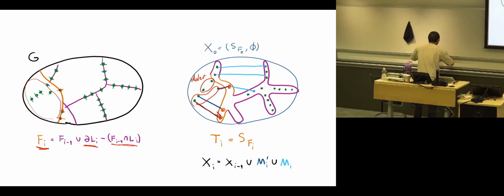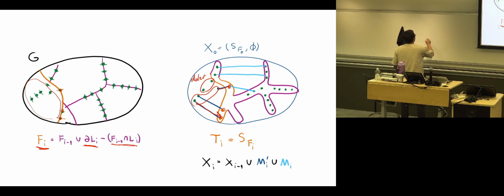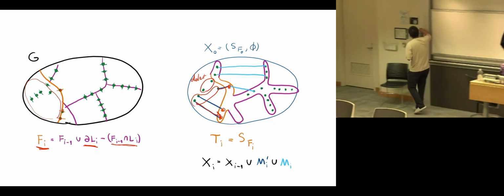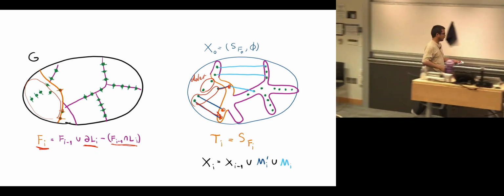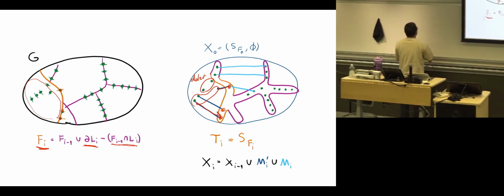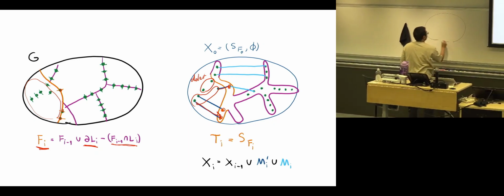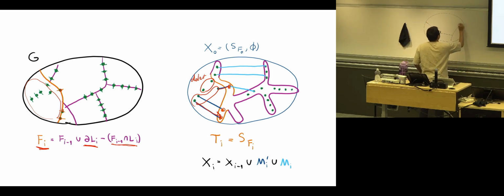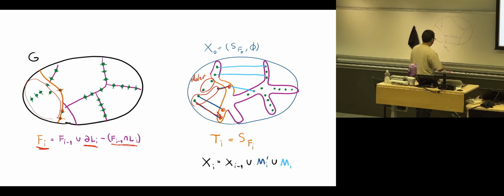Suppose that I have this graph, and maybe this is my balanced separator. This is like F(i-1), and maybe this is my A_i, and this is my B_i.